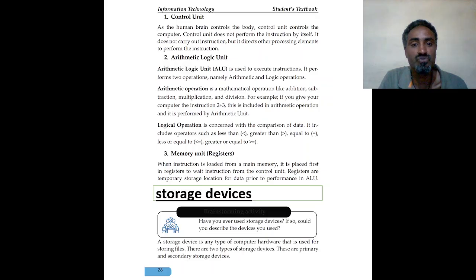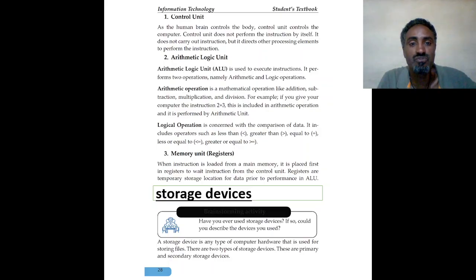For example, if you give your computer the instruction 2 plus 3, this is included in arithmetic operations, and it is performed by the arithmetic unit. When you say arithmetic, it includes the four basic operations: addition, subtraction, multiplication, and division.